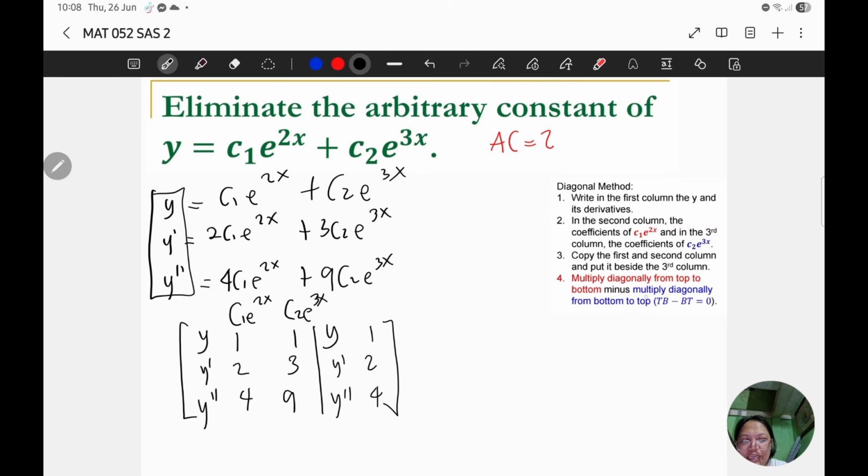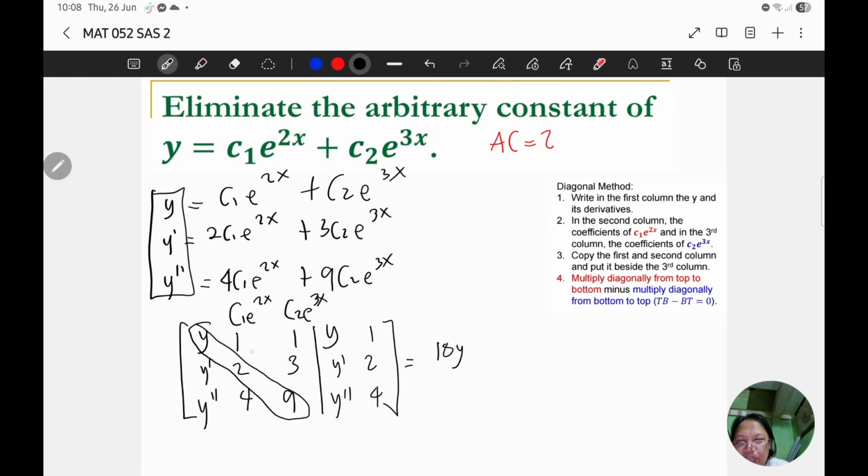Then, multiply diagonally from top to bottom minus multiply diagonally from bottom to top. So, diagonally, meaning from top to bottom, multiply y times 2 times 9. That is 18y, right?